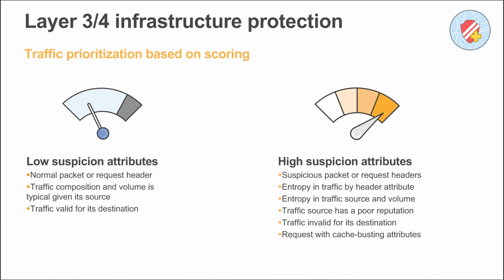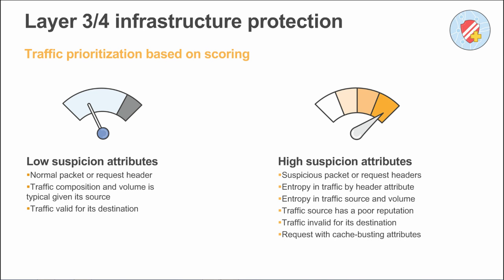The second type of technique that we use is called traffic prioritization based on scoring. We use a number of different attributes, and a lot of those attributes are things that we collect from our detection systems. We use those attributes to score every incoming packet that comes to your applications or to your AWS services, and we use those scores to take actions.